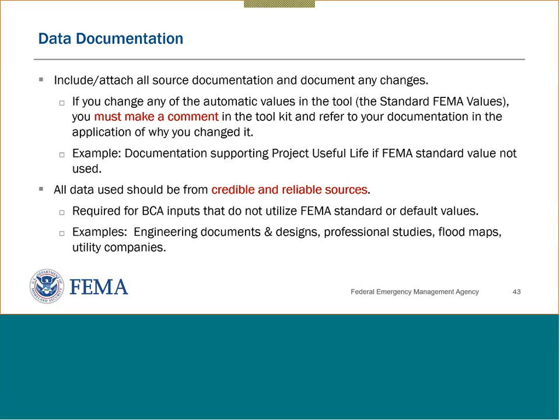All right. Your data should be from credible and reliable sources. There is a lot of information available to you online. For example, if you're looking for information on storm events from your community from 20, 30 years ago, it's most likely online in a National Weather Service report of some kind.